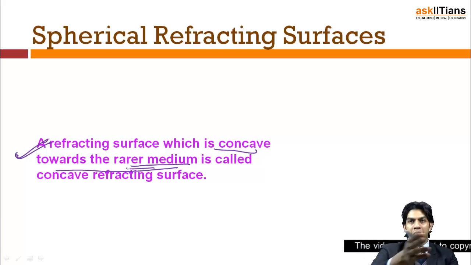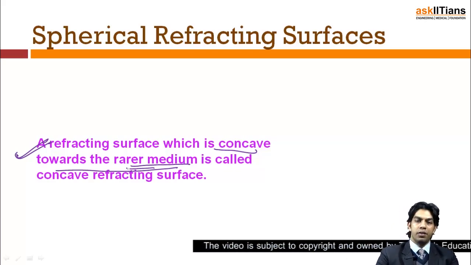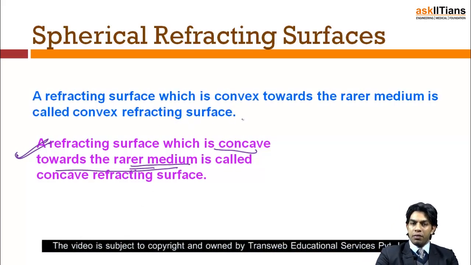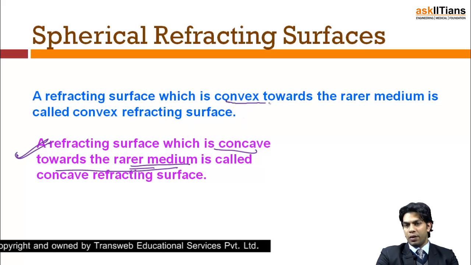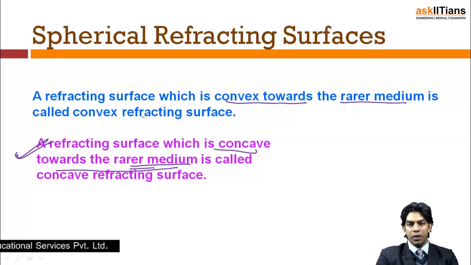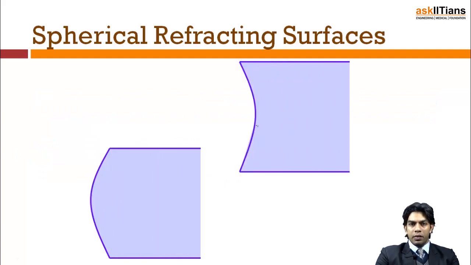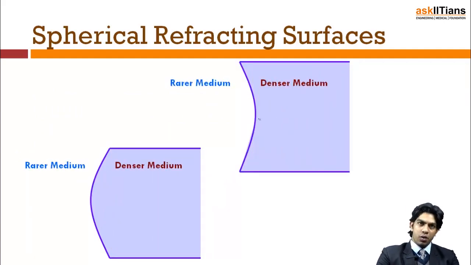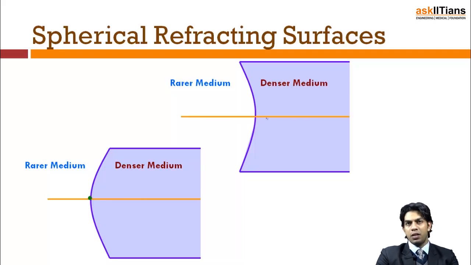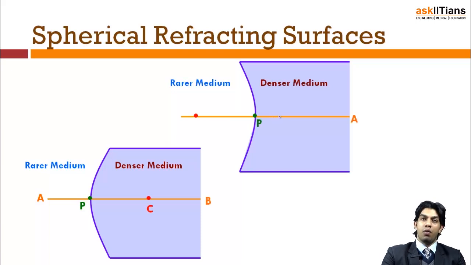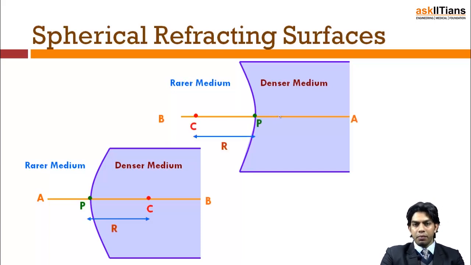Convex to the rarer medium, convex refracting surface. Now, I'm just specifying rarer medium, denser medium, and what is concave and what is convex. So obviously it makes sense. The first one is the concave refracting surface, the other one is the convex refracting surface.